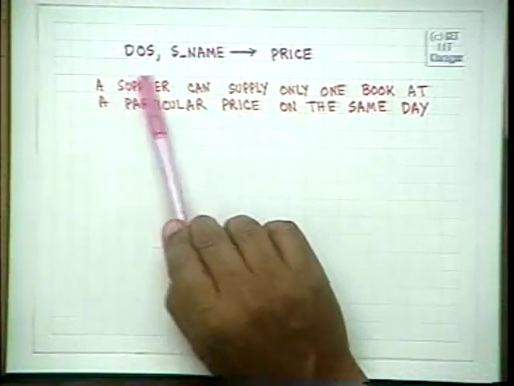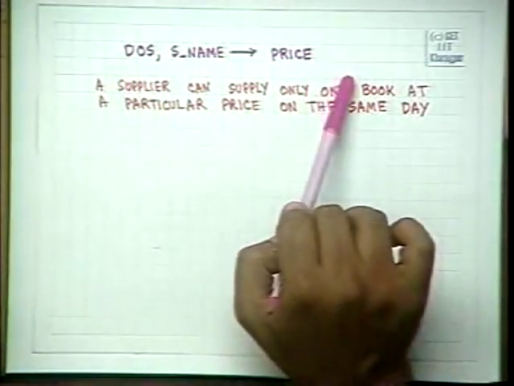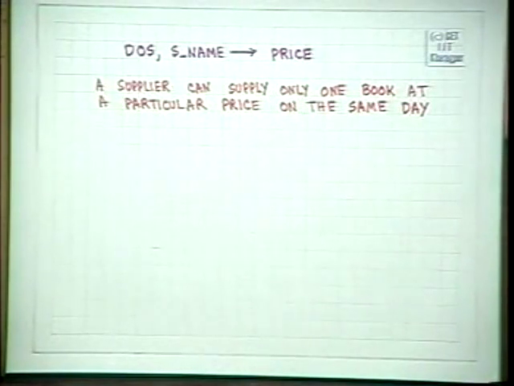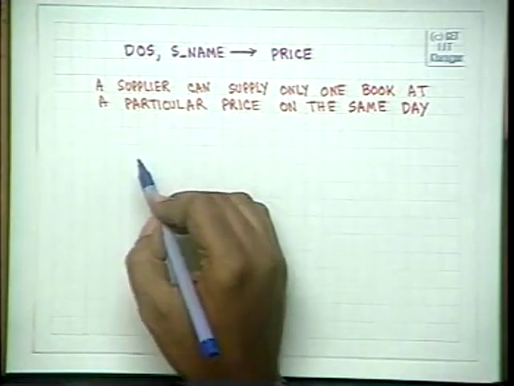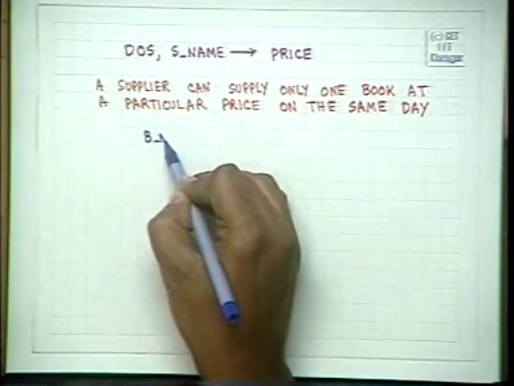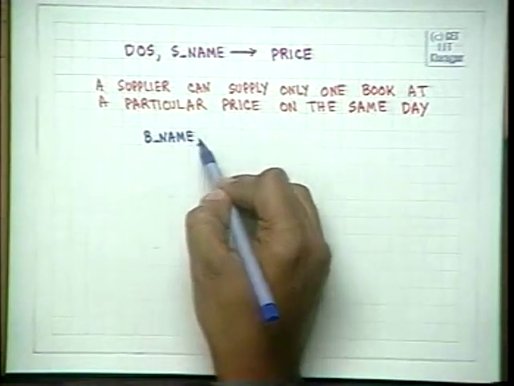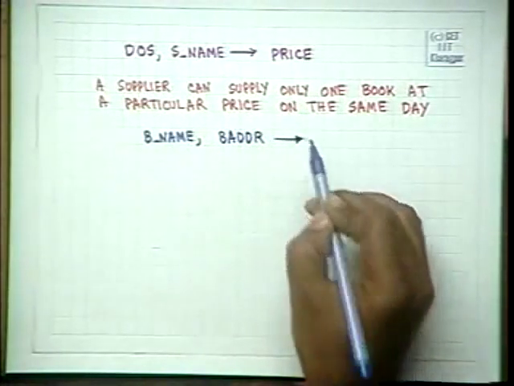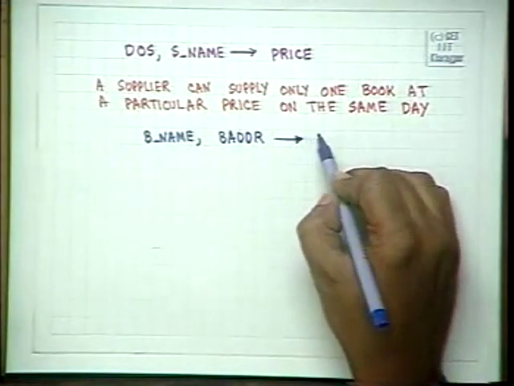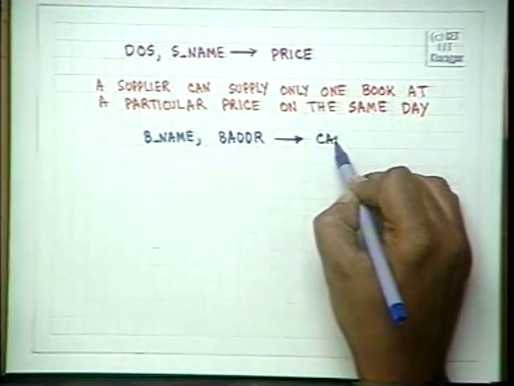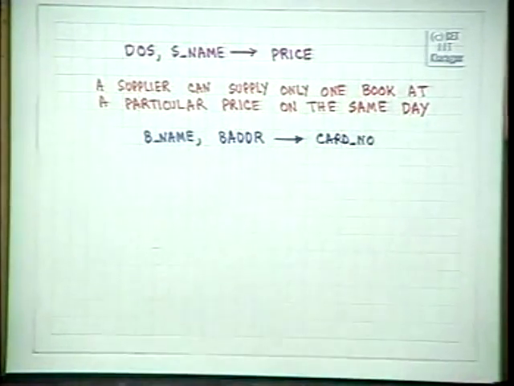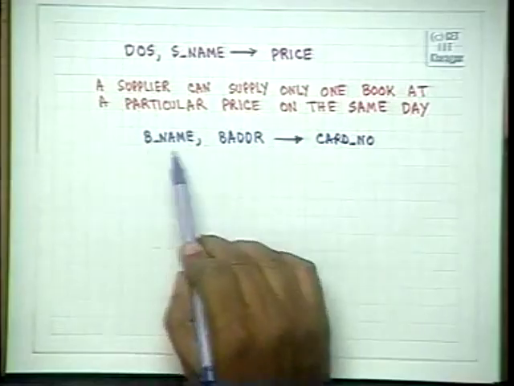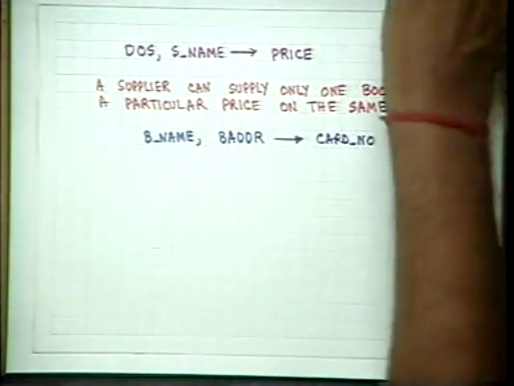Given the set of attributes, we just write down the functional dependency. For example, let us take another one. This would give us a candidate key in user.